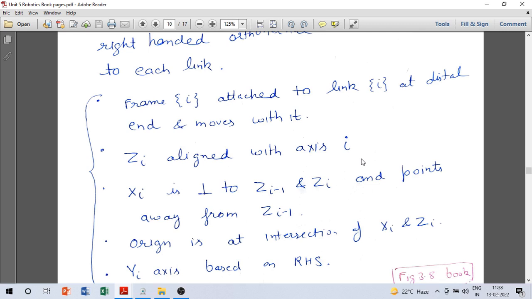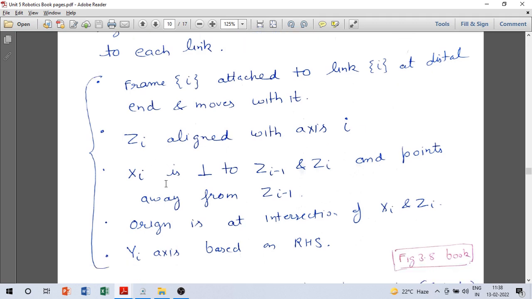We already have the joint axes based on the joints, and z_i will be assigned along axis i. Now x_i will be assigned perpendicular to z_{i-1} and z_i, and it points away from z_{i-1}.